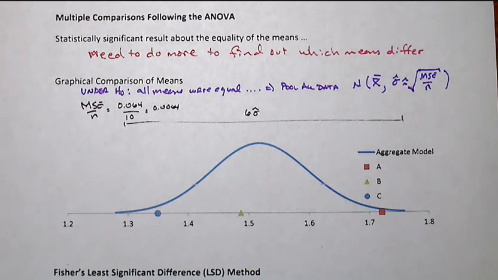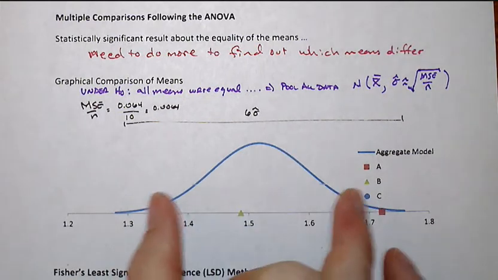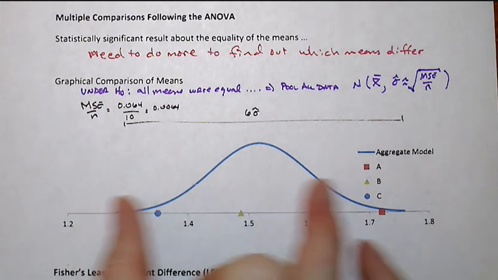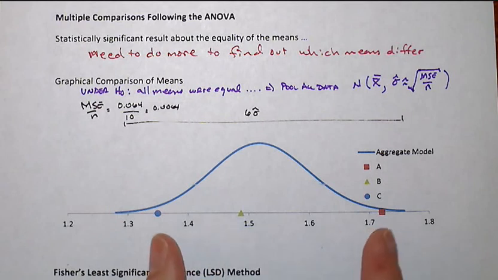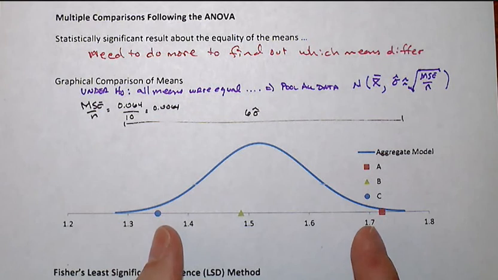And so the idea, and I've just drawn this one in one particular location, but the idea is you can shift them around. And note, when we do this, that A and C are pretty far apart. They're pretty far apart, but they're still under our 6 sigma band. These 2 are close together, right?